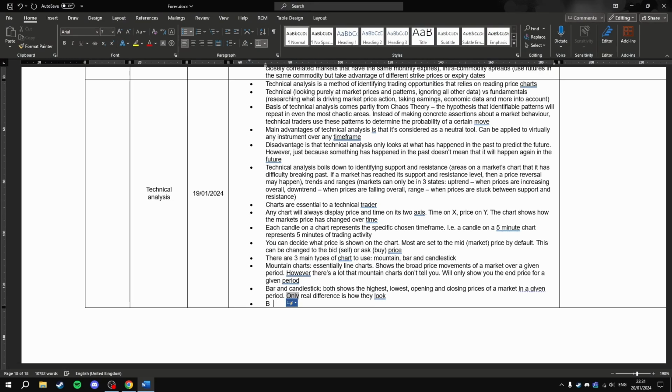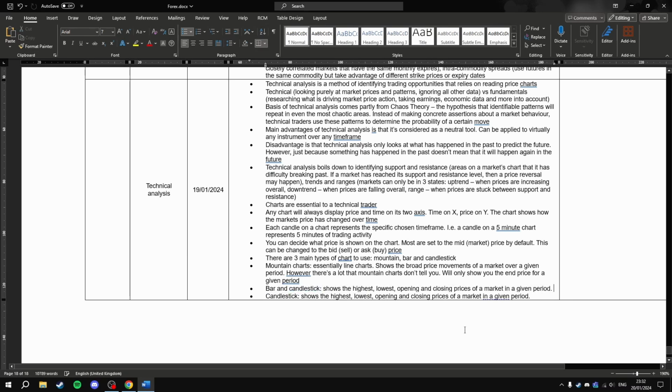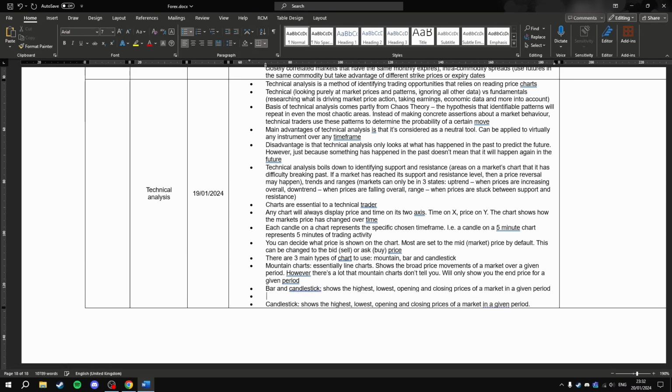Bar, let's do candlestick. Let's do that. Control C, Control V. Let's delete that.